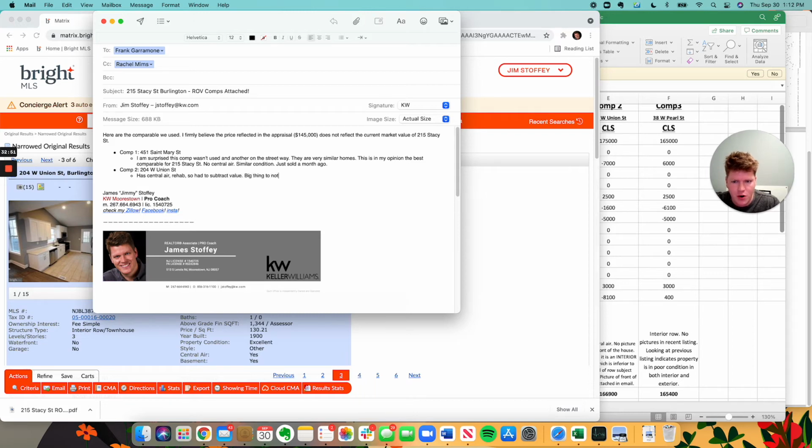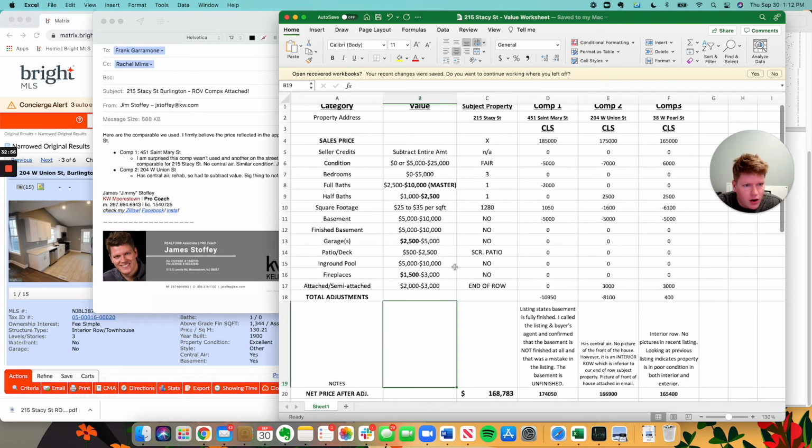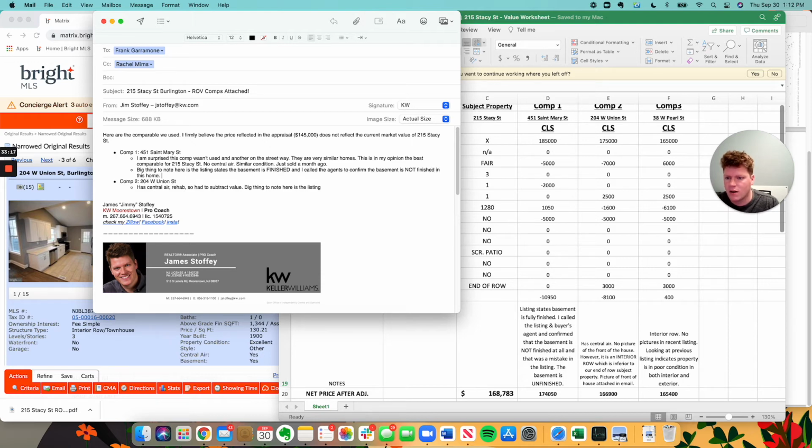Big thing to note here is the listing states the basement is finished, and I called the agents to confirm the basement is not finished in this home. As central air rehab, so I have to subtract value. Alright, so we're good. Otherwise, interior row.